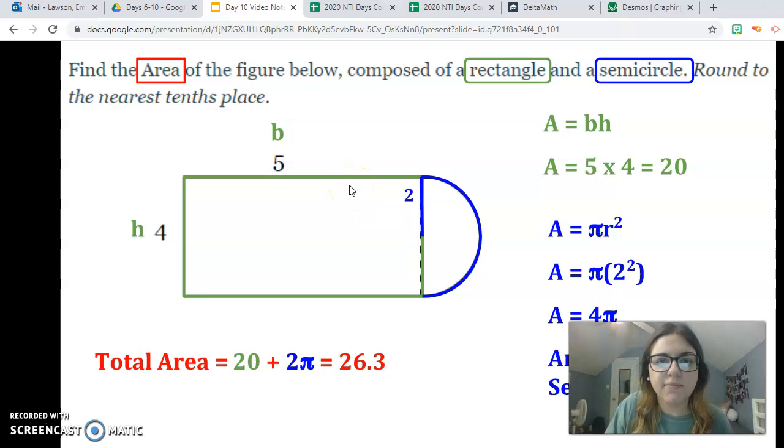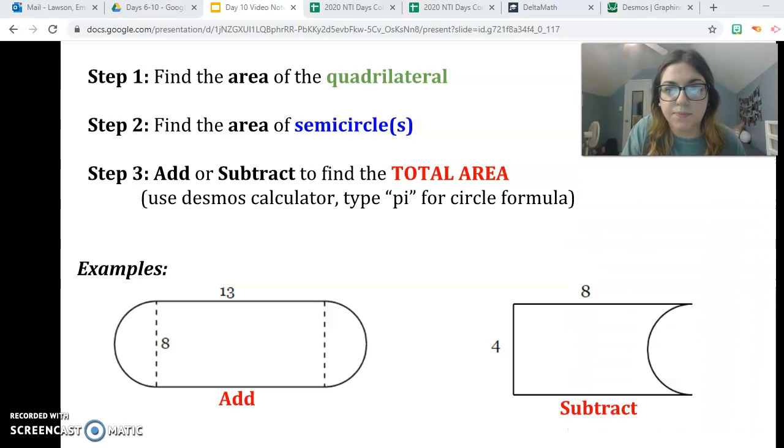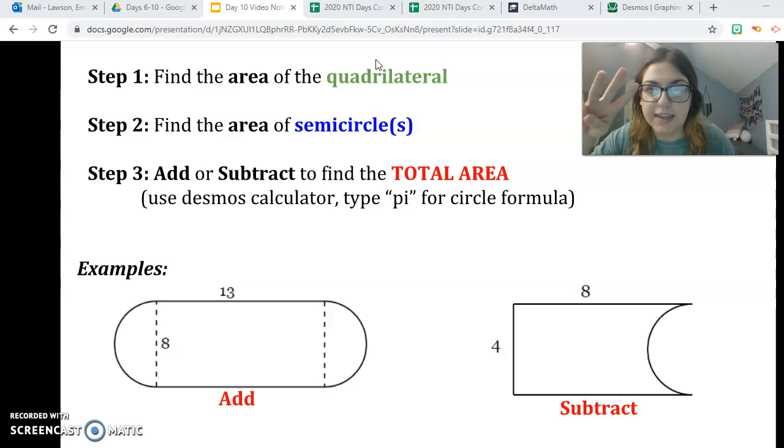So to go over all the steps, because you'll see problems that are similar but not exactly the same, here are the steps. The first thing you're going to do is find the area of the quadrilateral. If it's a square, a rectangle, or a parallelogram, it's base times height.